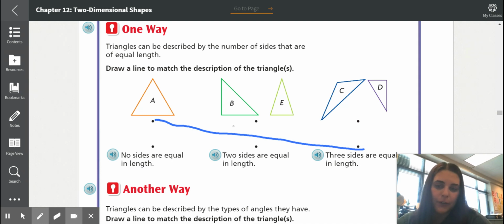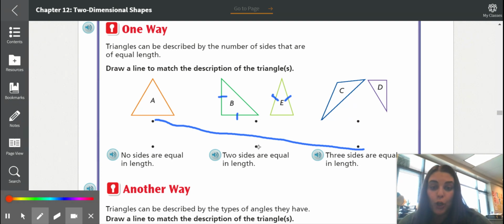Our two options left are no sides are of equal length, or 2 sides are of equal length. If we look at triangle B, this side and this side are the same length. And in triangle E, this side and this side are the same length. So this would be that 2 sides are of equal length.